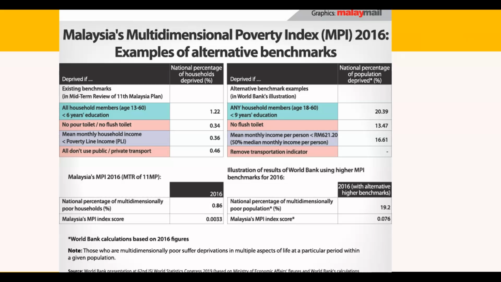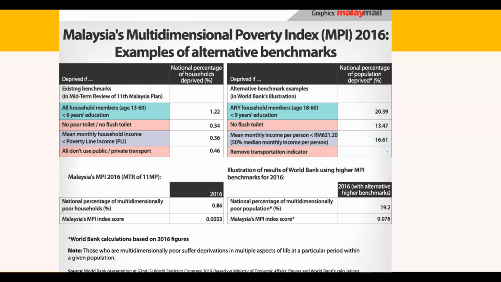However, for the World Bank, they consider that if any of the family members, if there are 4 family members, 4 orang ni more than 6, cuma seorang sahaja, then it is considered as deprivation. So it's very strict compared to the Malaysian way, cara Malaysian ukur poverty, MPI. So another difference you can see there, instead of 1.22%, it increased to 20%.